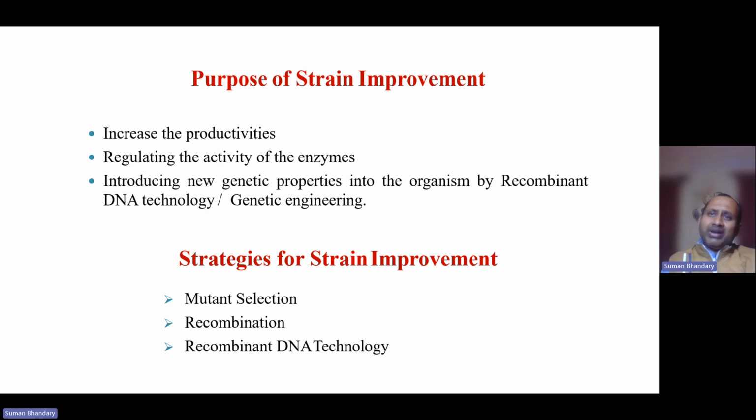On the contrary, when changes are made in the regulatory region of the gene, mostly the promoter side, it can lead to upregulation of gene expression and overproduction of metabolite. A typical example is overproduction of the enzyme amylase, where specific constitutive mutants have been developed that produce the enzyme even in the absence of the inducer, that is starch.